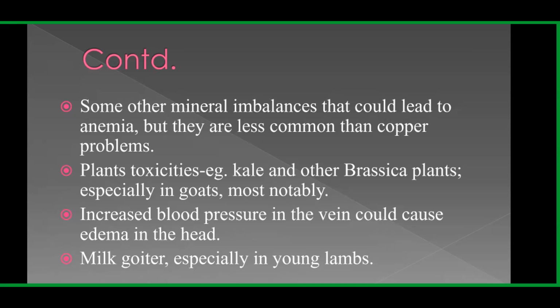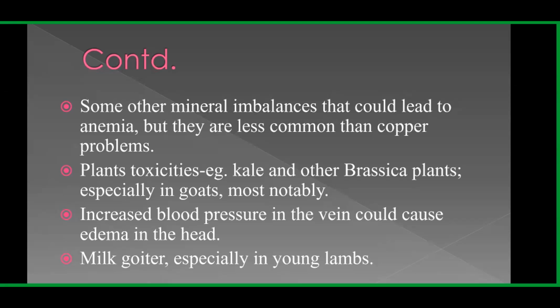There is a special condition known as milk goiter. I will show you the video. Milk goiter is sometimes mistaken for bottle jaw. There is a swelling in the submandibular region in young lambs and kids.